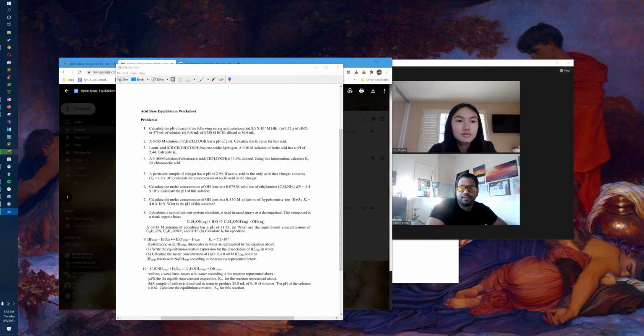Because we have the concentration of HBr, and since it's a strong acid, it's going to dissociate completely. So this concentration is going to be true for the H plus concentration as well as the Br minus concentration. But since we just have to find the pH, we're only concerned with the H plus concentration, right?